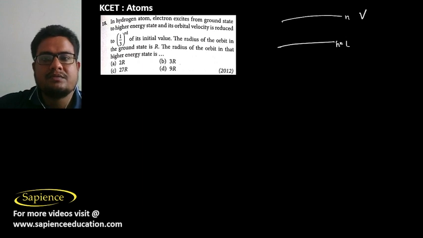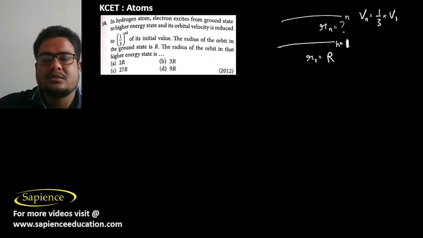So here the orbital velocity Vn is equal to 1/3 of V1, the velocity in the first orbit, in the ground state. The radius of the orbit in the ground state is r. Then how much is the radius of the orbit in that higher energy state, Rn?